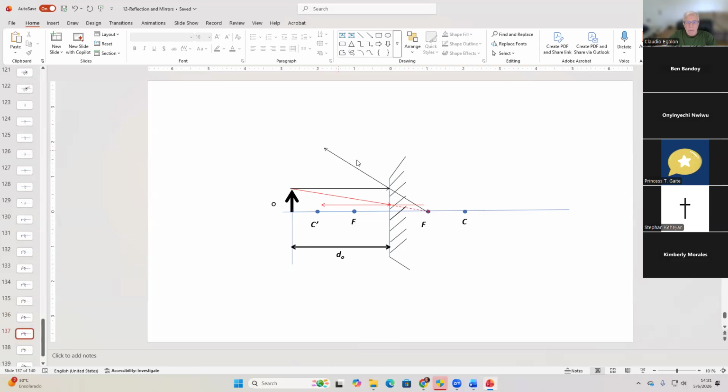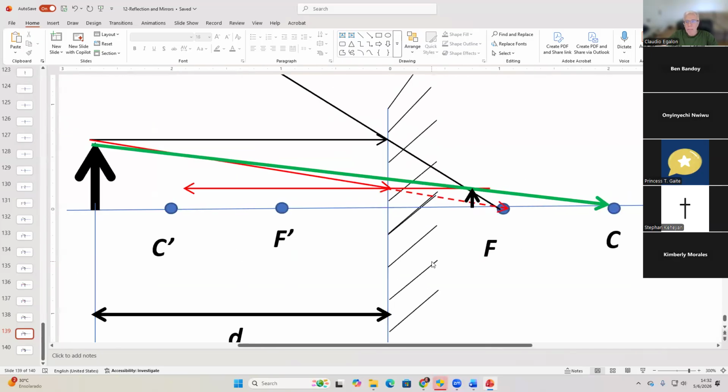The intersection of those two light rays, this light ray here and this other light ray, is where the image is formed, right? But I'm drawing a third light ray that passes through the center of curvature and reflects back. And here we have three light rays that intersect behind the mirror, and that's where the image is formed. Okay, right in here.